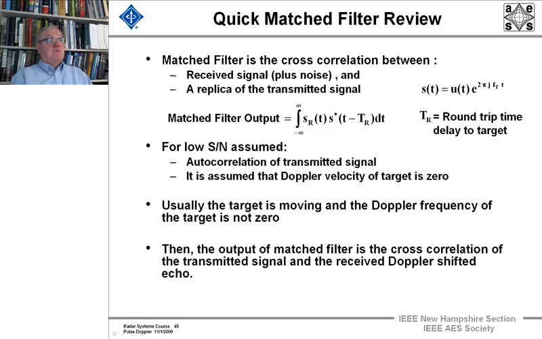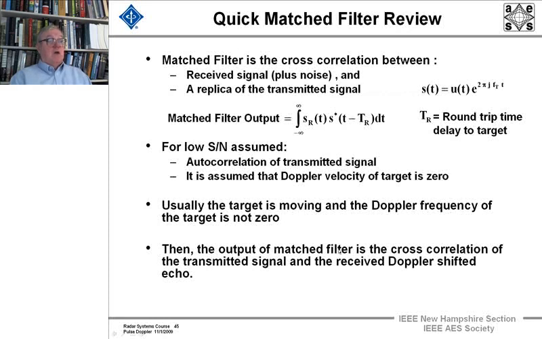For low signal-to-noise ratio, and you have to assume low signal-to-noise ratio or you wouldn't see the target, the autocorrelation of the transmitted signal is that, and it's assumed that the Doppler velocity of the target is 0. Usually the target's moving and the Doppler frequency of the target is not 0.